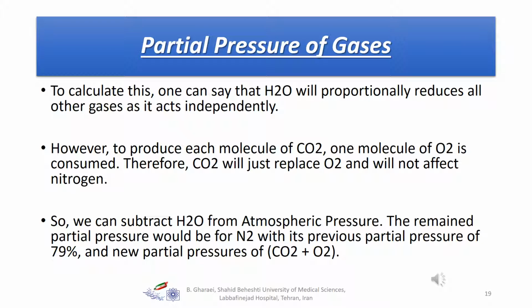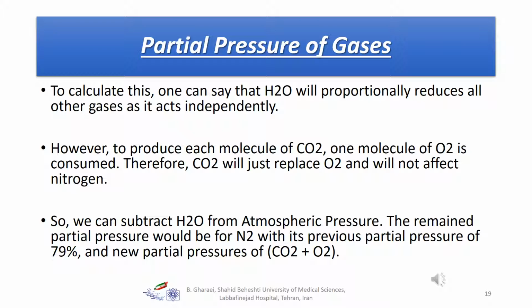So we can subtract water from atmospheric pressure. As you saw, we had 60 millimeters of mercury water moisture in the room, so we have 700 millimeters of mercury left for other gases, which are oxygen, nitrogen, and carbon dioxide.